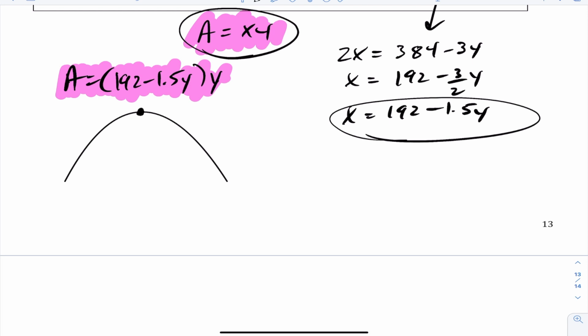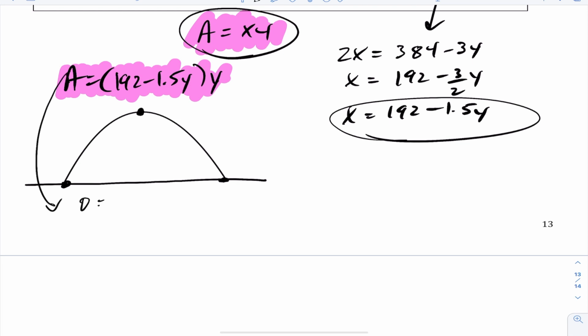So where do you find max area? Why don't I just find the roots? I might as well do that because it's already in factored form. So what I can do here is set my area value equal to 0, and now I just want to know when this expression is 0. Well, there's only 2 times.